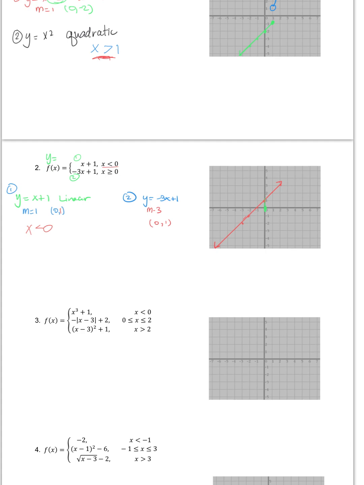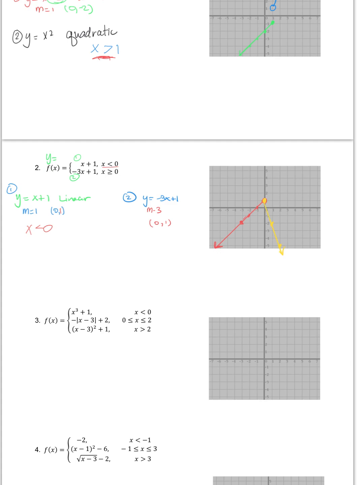So at that point, I will erase what I don't need, and make sure at x equals 1 there, I have an open circle. This arrow should be going in this direction so we know it's going on forever and ever. These are some points that we had on that line. Okay, so I want you to graph number 2, and then come back and see if you erased the right part.